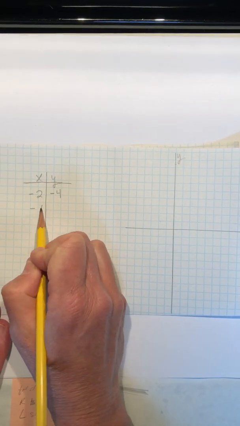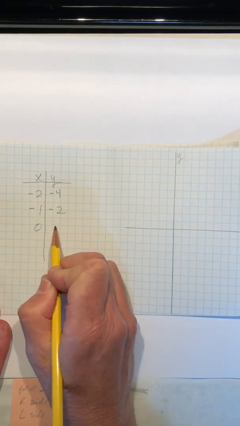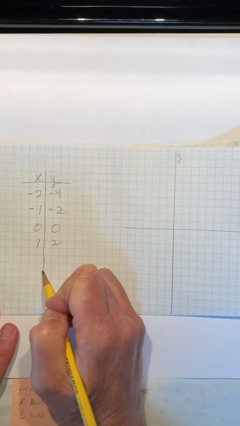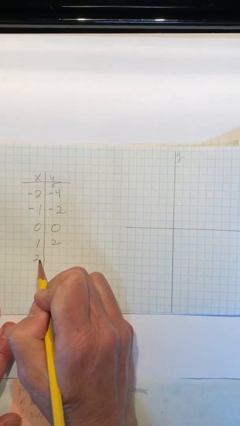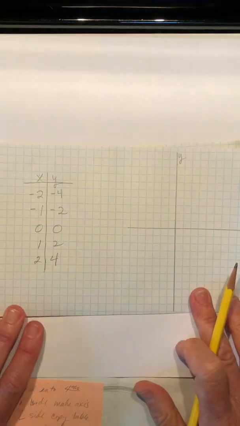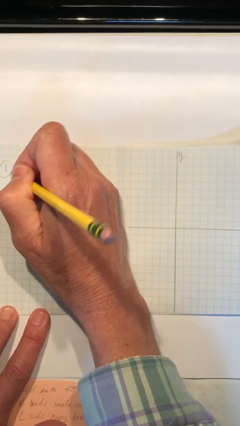Then we'll be doing -1, -2. We'll be doing 0, 0. We'll be doing 1, 2. And we'll be doing 2, 4. So let's begin here. And let's call this number 1.